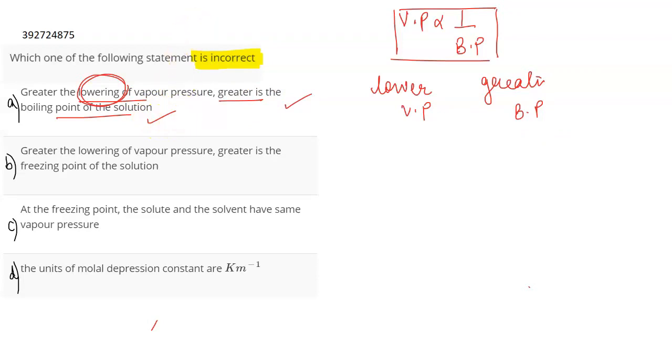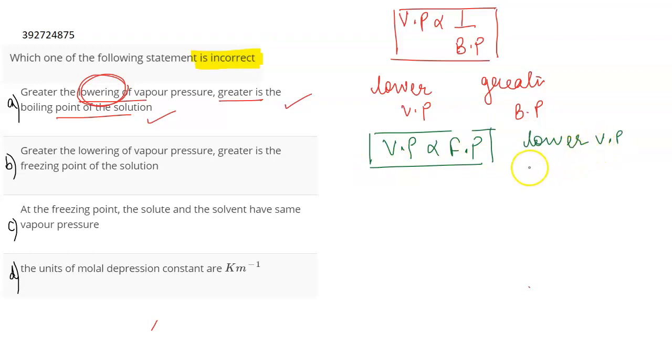Now moving on to the second one. The relationship between the vapor pressure of the solution and the freezing point of the solution is direct. It means that lower is the vapor pressure, lower will be the freezing point. So greater is the lowering in vapor pressure, lower should be the freezing point.